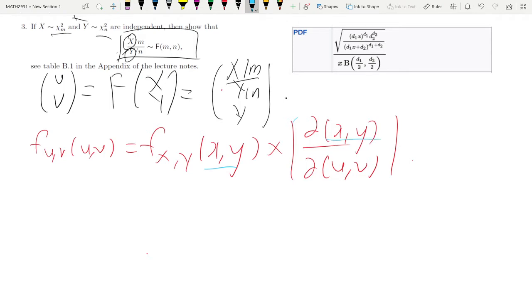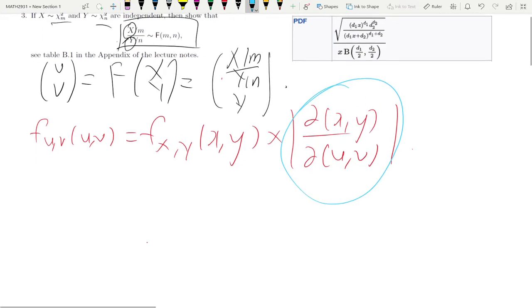You can think of it naively: if you were to integrate both sides and bring this thing over, they both should integrate to 1. Because if it was dxy here instead, this thing wouldn't necessarily integrate to 1, and since they're PDFs, they should integrate to 1. So that's just how I remember it.